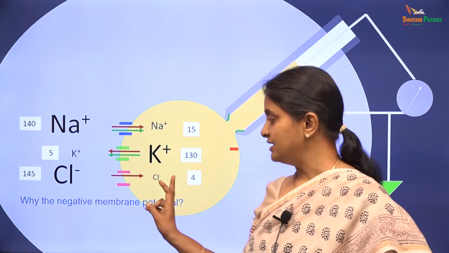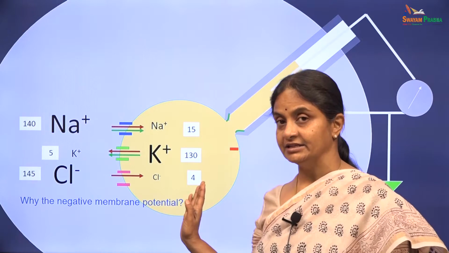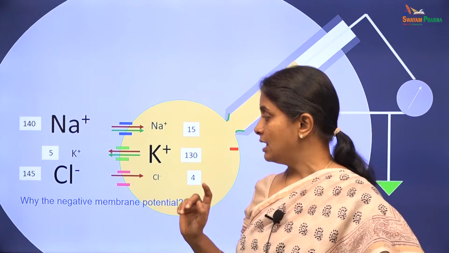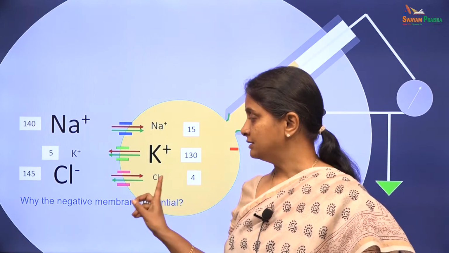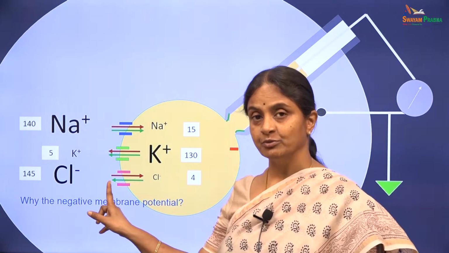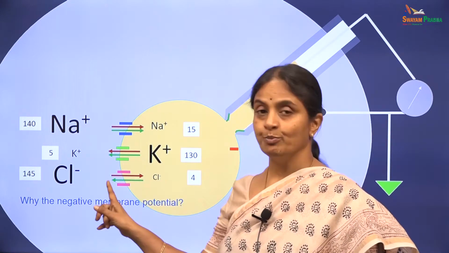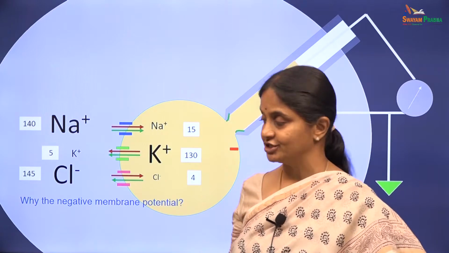Chloride would diffuse inward along its concentration gradient if chloride channels were open, but since chloride is an anion, the direction of current due to chloride movement would be in the opposite direction. This is again convention.